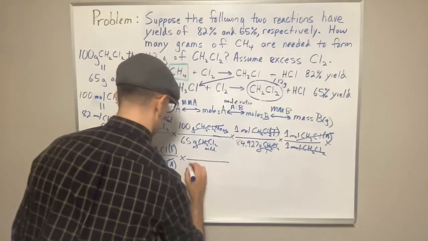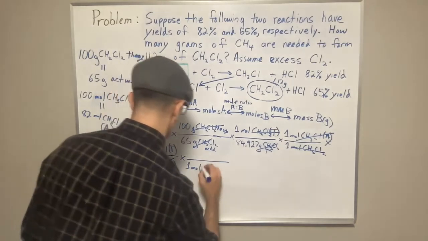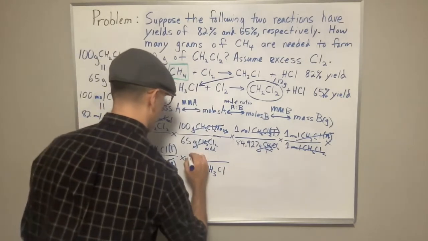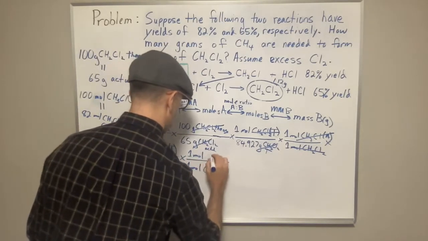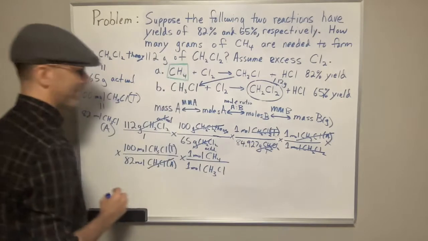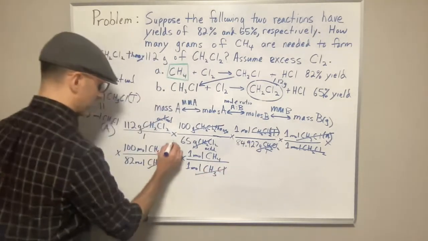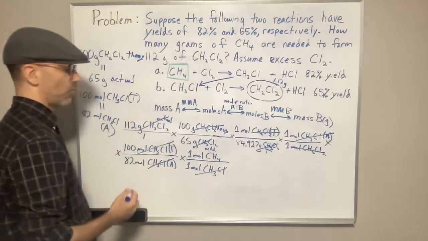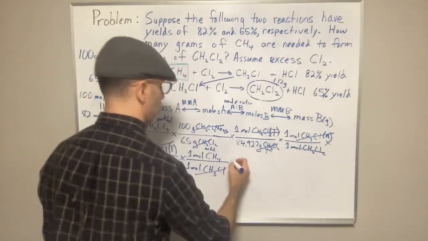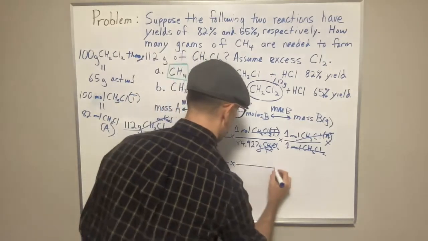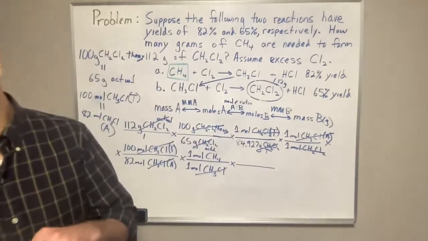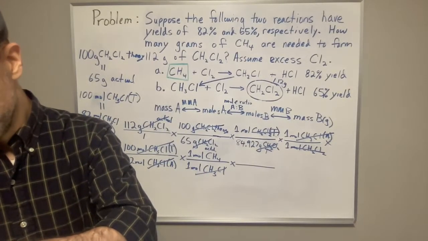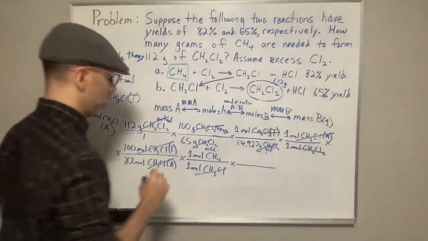So again, 1 mole of CH3Cl on the bottom and 1 mole of CH4 on the top. That's going to cancel out. Again, they want grams, so we need to use the molar mass to convert to grams. The molar mass of CH4 is 16.043.